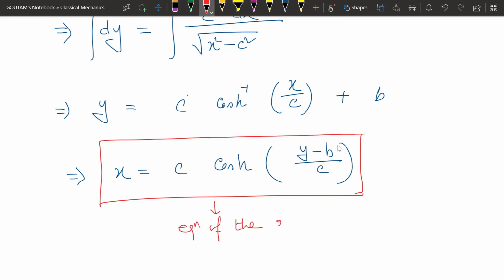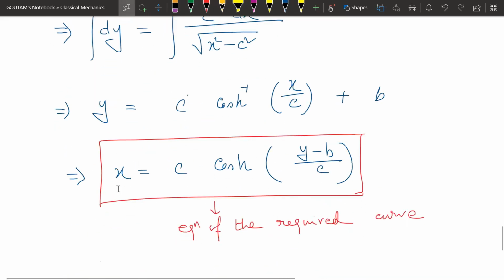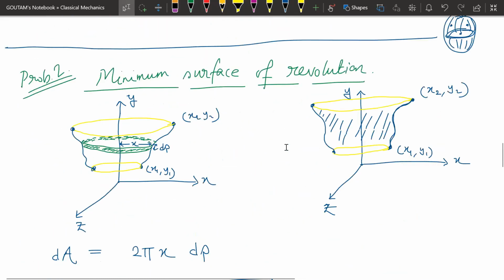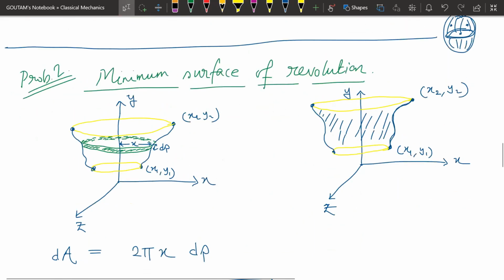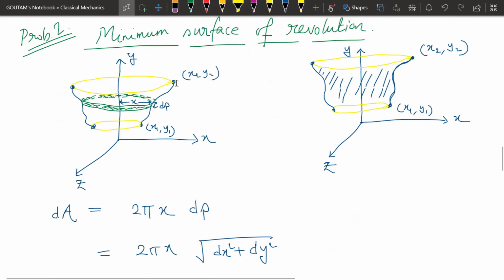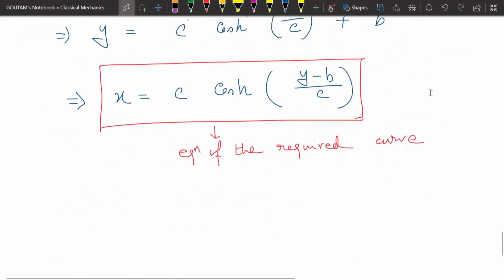So if we take a curve like this, which satisfies this equation, so if we draw a curve from this point 1 to point 2, which satisfies that equation, and if we rotate the curve along the y-axis, then the area it will cover will be the minimum compared to any other curve you can consider.